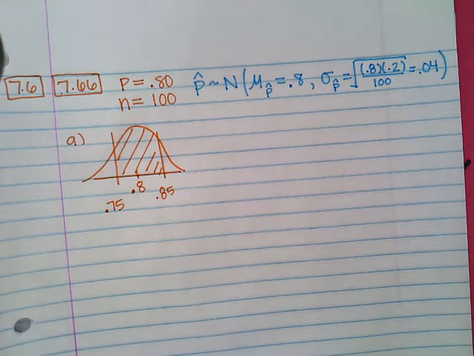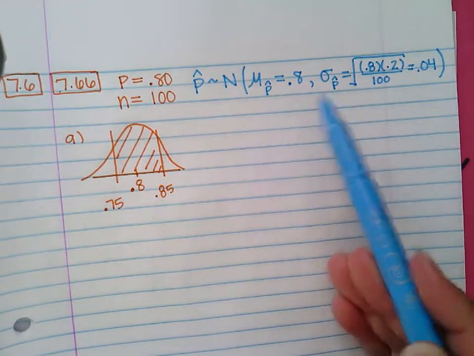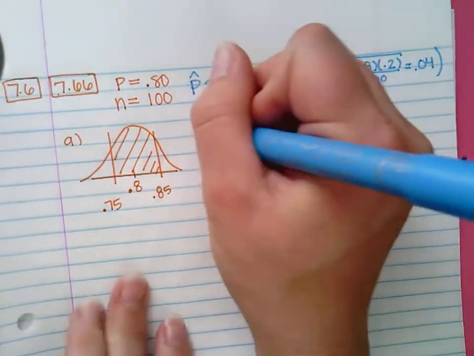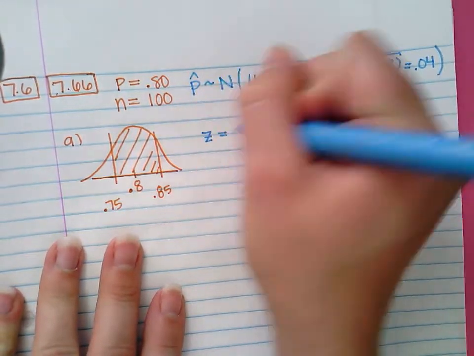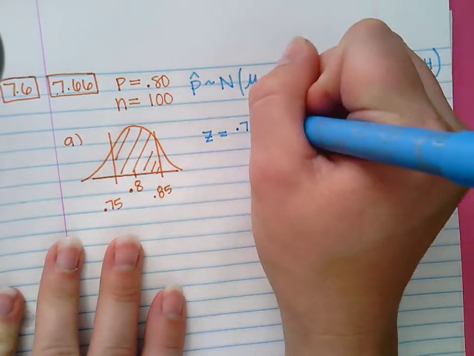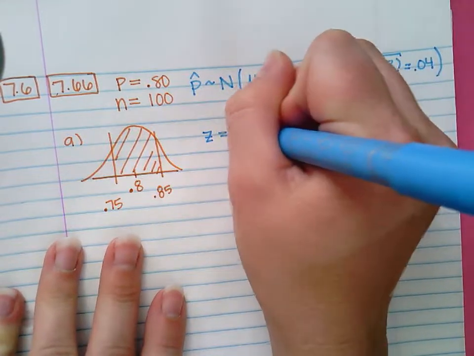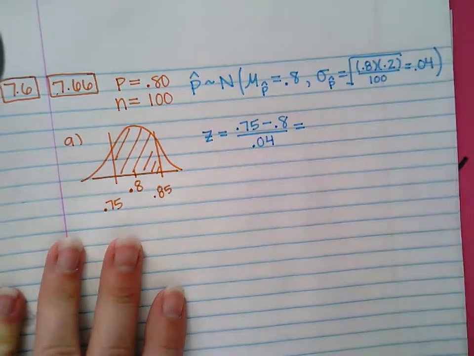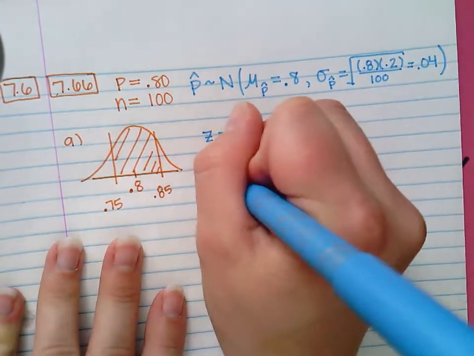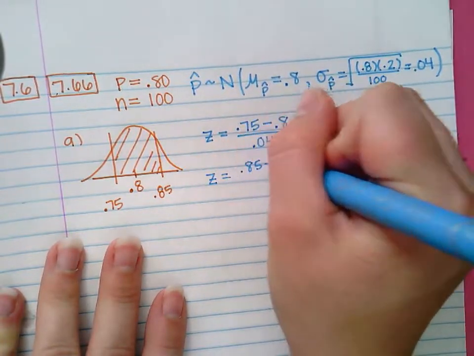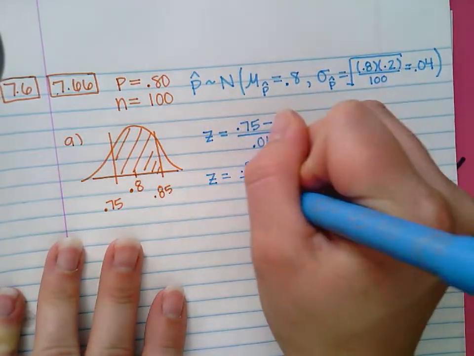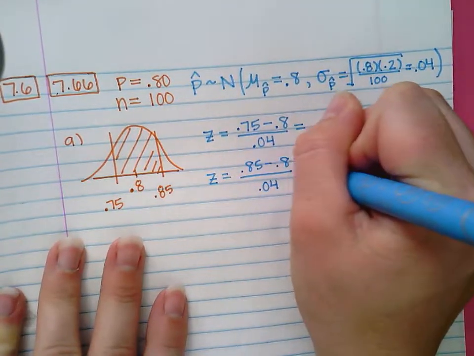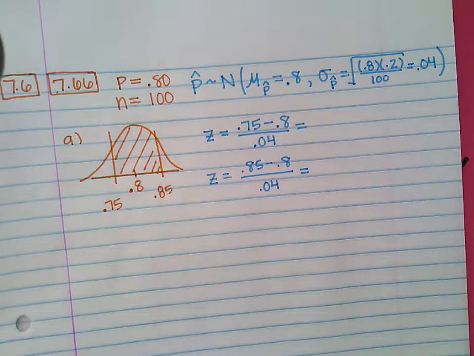Now you're going to find your Z and all of your calculations for the p-value exactly the same way. You're just going to use your sampling distribution for that calculation. So your first Z-score is going to be 0.75 minus 0.8 over the sampling distribution standard deviation. Your second Z-score, 0.85 minus 0.8 over this standard deviation here.